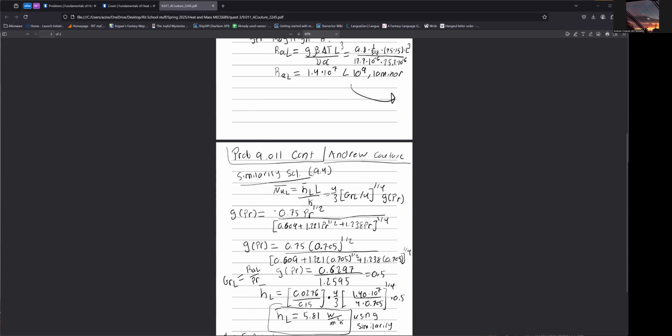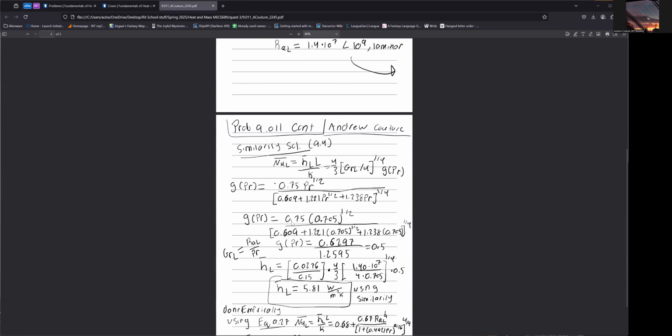Now, the similarity solution, using the equation found in section 9.4, gives us a Nusselt number of, obviously, h_L times L over k, which in this case equals 4/3 times (Gr_L divided by 4) all raised to the 1/4, times g of the Prandtl number. g of the Prandtl number is this equation here: 0.75 Pr to the one-half, all over (0.609 plus 1.221 Pr to the one-half, plus 1.238 Pr), and that entire thing is raised to the 1 over 4.